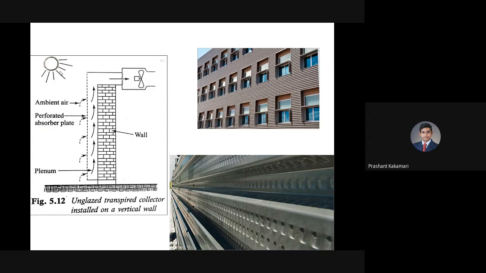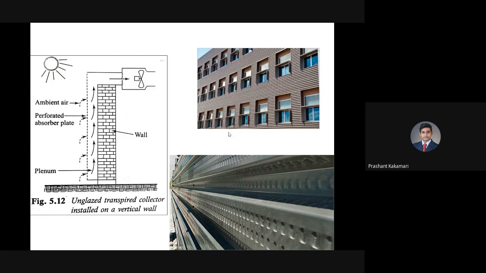One main important change here in the unglazed transparent collectors is that we are not going for glazing, or we are not using glass in front of the big buildings. Instead of using glass to increase the space heating effectiveness, a perforated absorber plate is used. This perforated absorber plate may be constructed with the building itself.